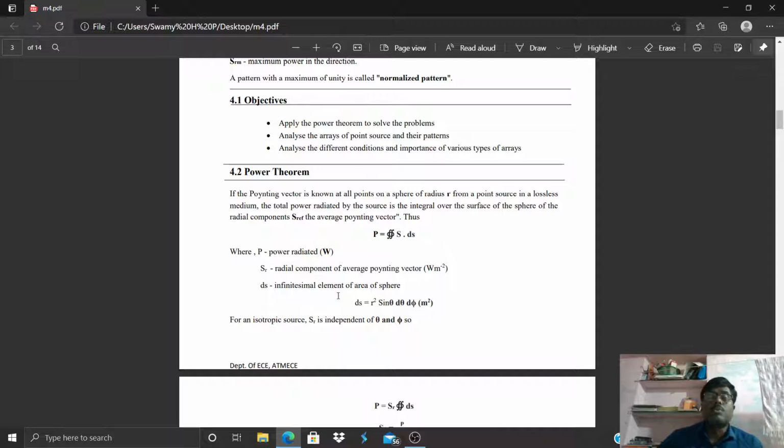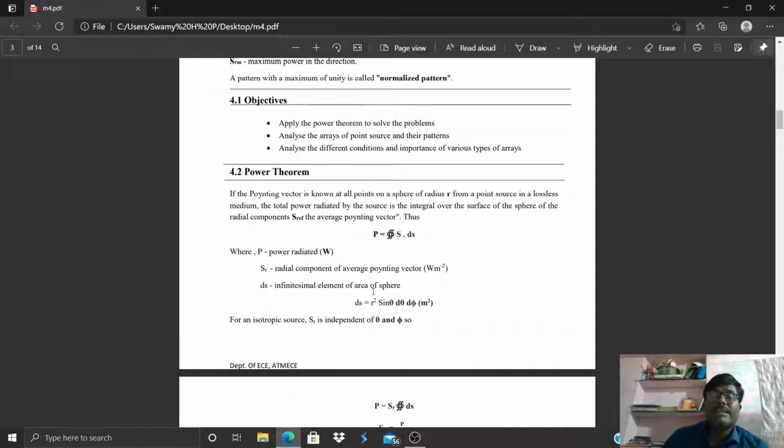Thus the total power radiated is P equals the double surface integral of S_r ds, where P is the power radiated, S_r is the radial component of the average Poynting vector in watts per meter square, and ds is the infinitesimal elemental area of the sphere.